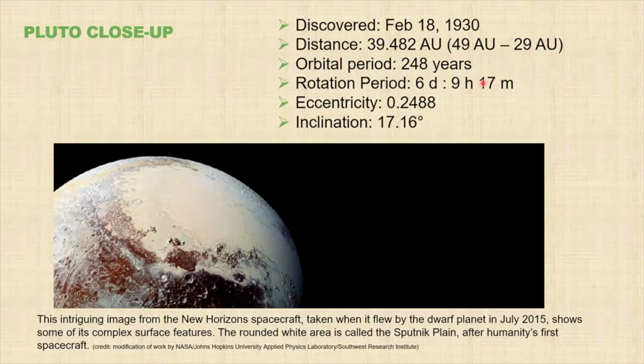It takes 248 years, about 250 years, to go around once. It was discovered in 1930, so the poor guy hasn't even made one complete revolution, and we demoted it. Its orbit is very eccentric, as you saw. All our other 8 planets are almost in the same plane, maybe up to 4 or 5 degrees, but this one is at 17 degrees inclination. And this is a trans-Neptunian object or a dwarf planet.